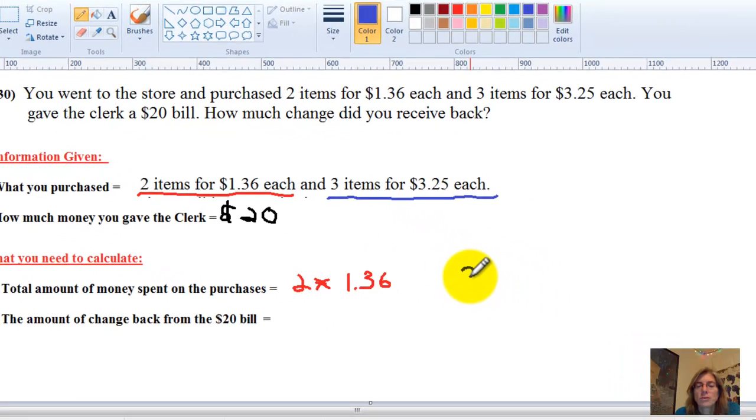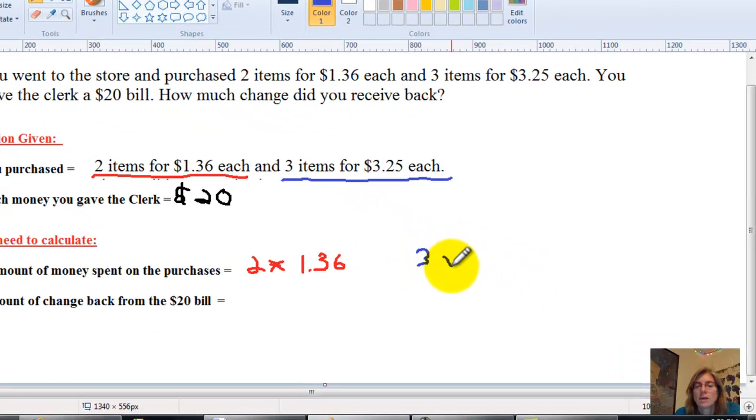So then we'll do this math, 3 items times $3.25. And that total will then be the total amount of money spent on the purchases. So it's like putting brackets on these multiplications and then adding them.